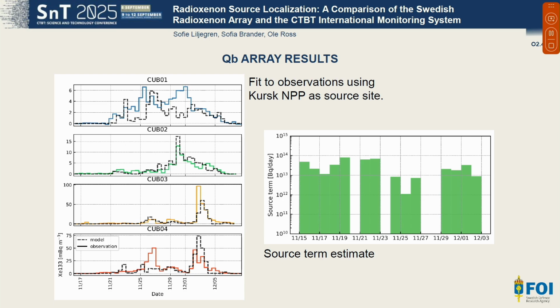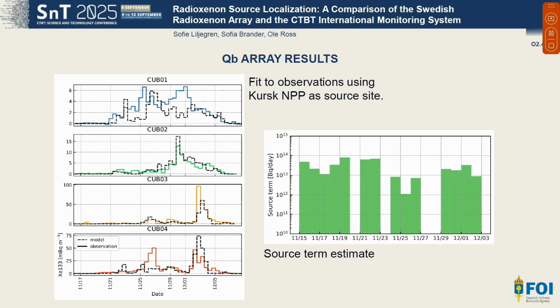Initial conclusions are that if you use Kursk as a source site, you can fit the observations very well. We basically fit all of the features except this first peak of cube 4 very well. So this is a good candidate for a potential source.